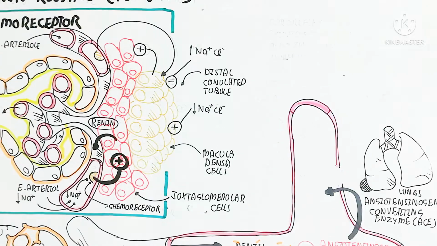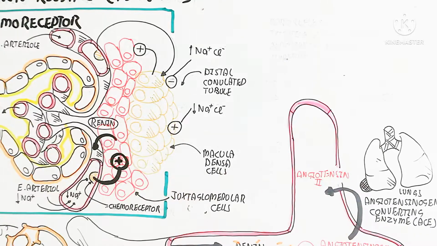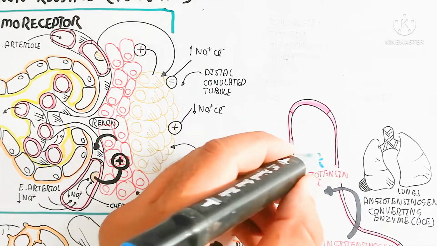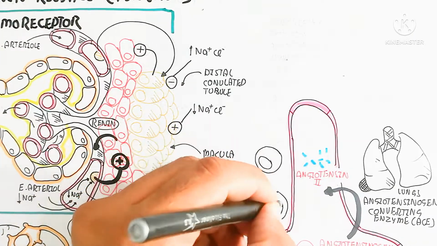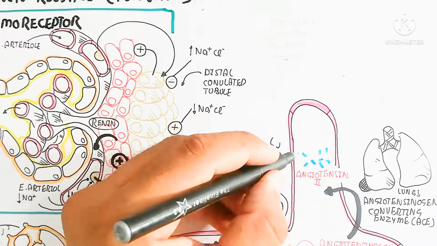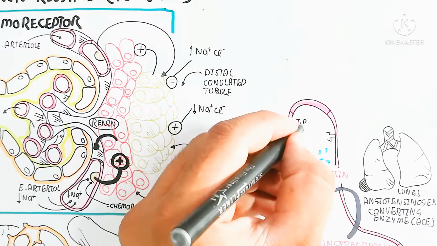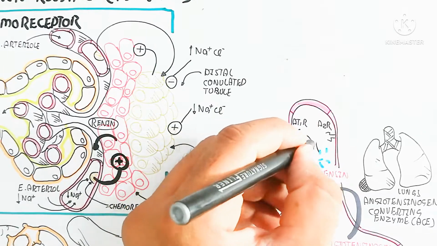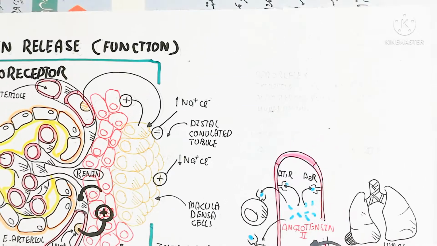Angiotensin 1 does not work very efficiently because it is basically inactive and is the precursor of angiotensin 2. So the angiotensin converting enzyme will convert it to angiotensin 2, and this angiotensin 2 will target different cells and different receptors, for example the angiotensin 1 receptor and the angiotensin 2 receptor, which function differently.